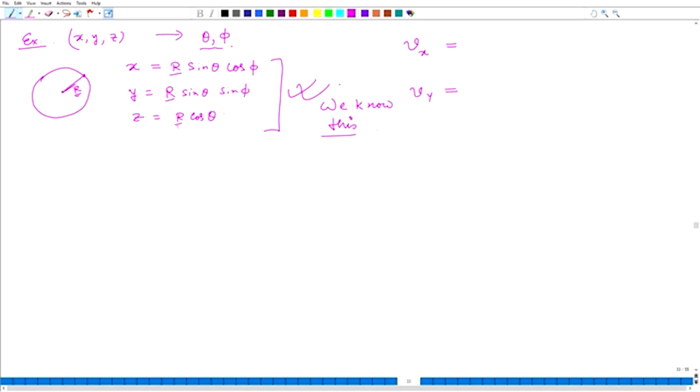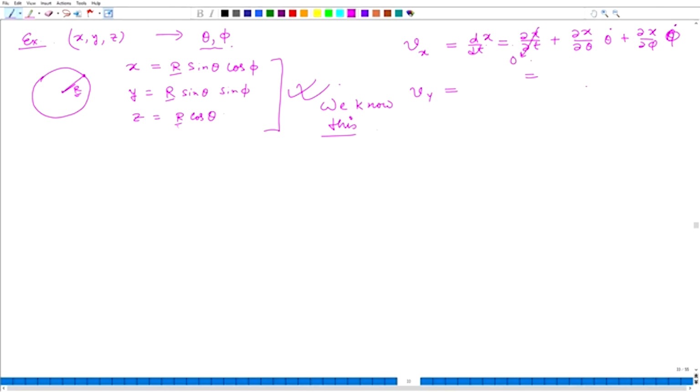So, this is nothing but d/dt of x, and this is equal to ∂x/∂t plus ∂x/∂theta theta dot, plus ∂x/∂phi phi dot. Now, what is this?